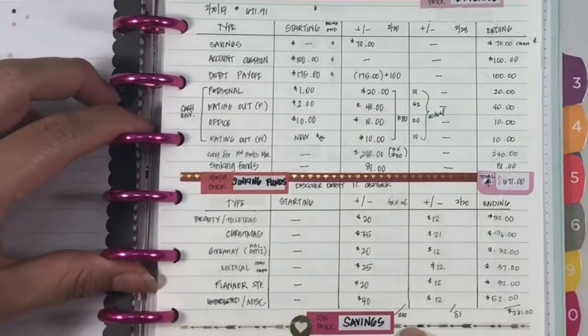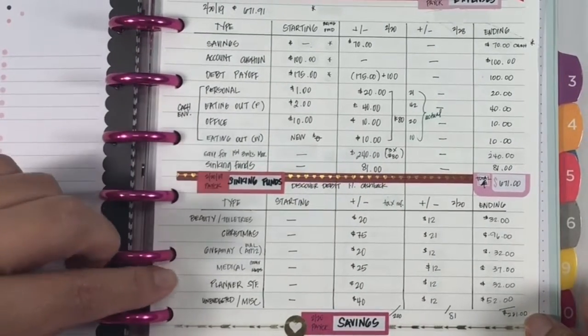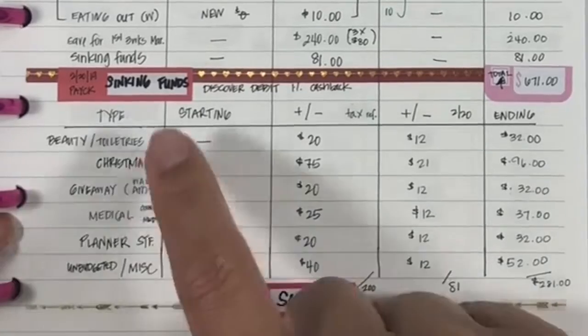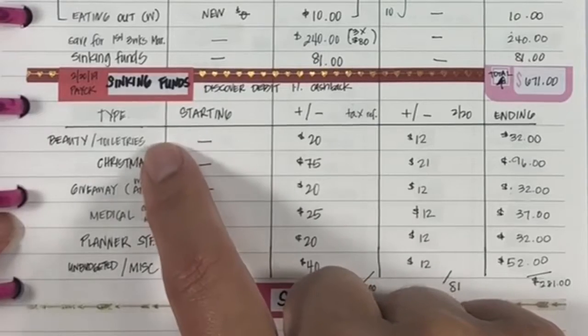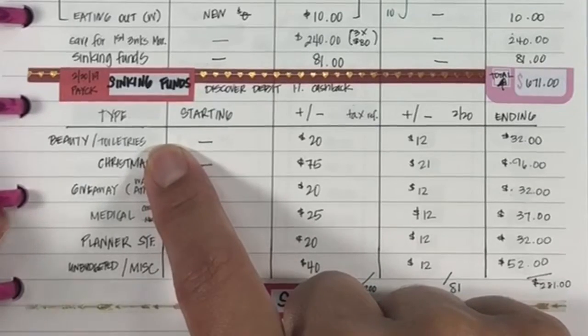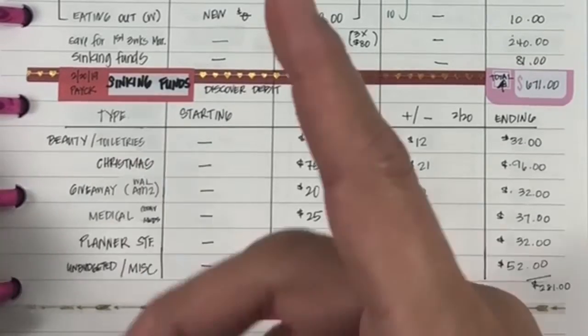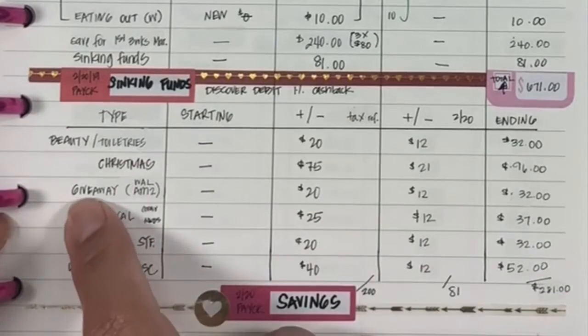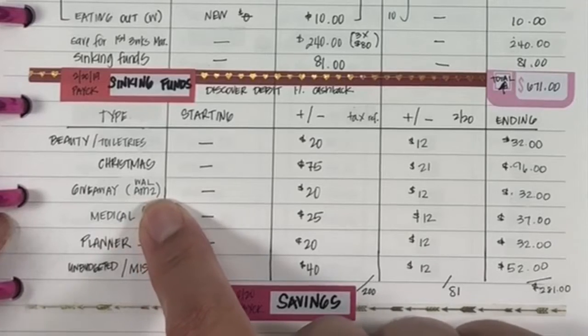So in my sinking funds right now is $281, and the categories that I'm doing as of right now is beauty and toiletries, because I do pick up a foundation from Macy's pretty much every 3 months. I'm starting to save for Christmas. I'm putting monies away for giveaways.